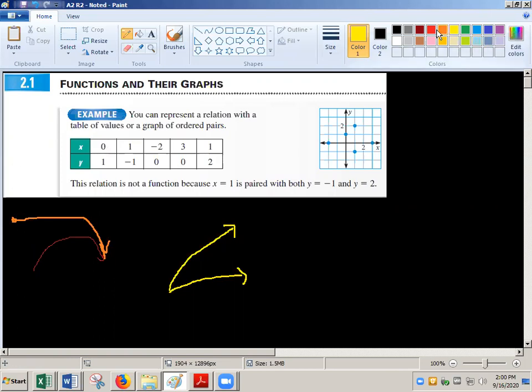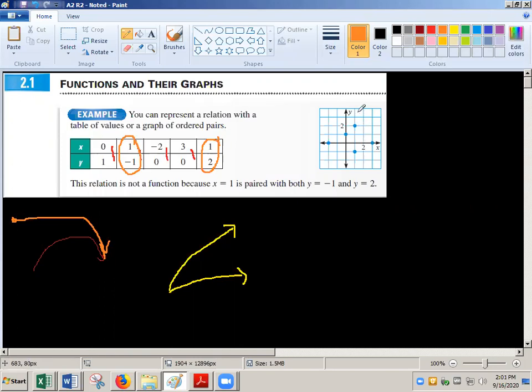So here I have 0 goes to 1. That looks good. 1 goes to -1. That looks good. -2 goes to 0. That looks good. 3 goes to 0. And then, hey, wait a second. We already had 1 goes to -1. Why do I now have 1 goes to 2?